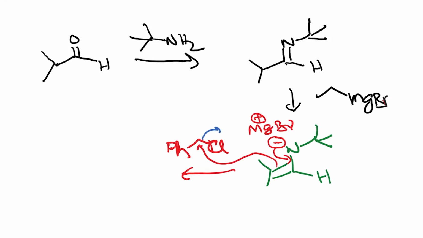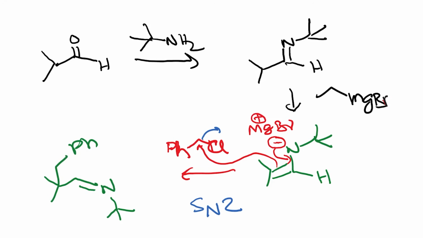So you're going to be able to kick the chloride out. So again, this is like an SN2 reaction. I would urge all of you to go back and look at your basics of SN2 reactions so that you can get familiar with it.